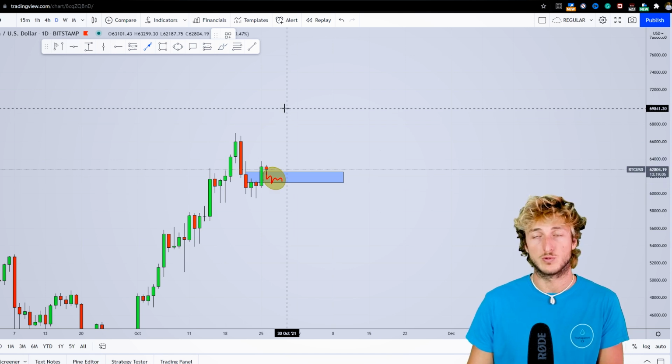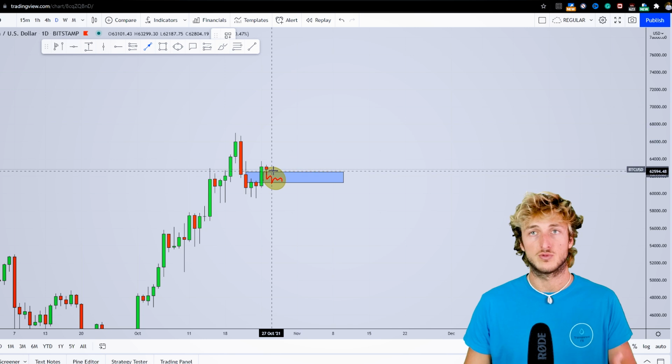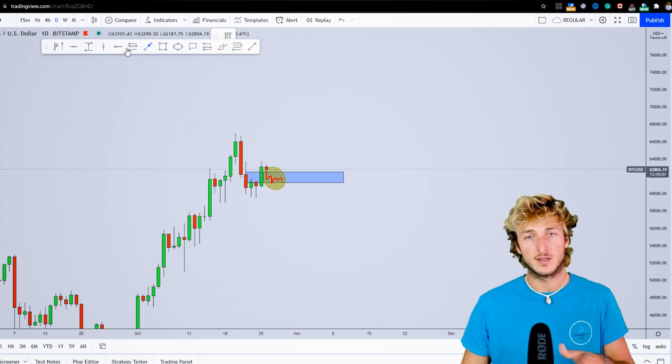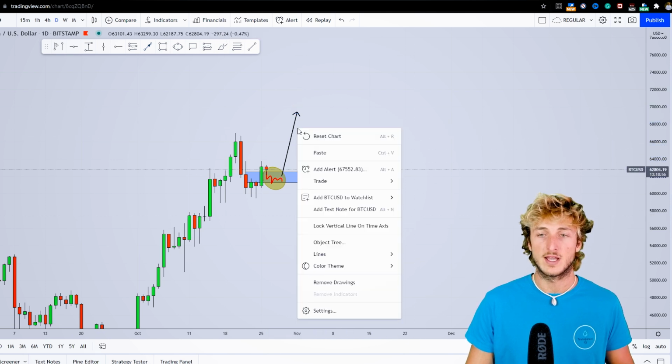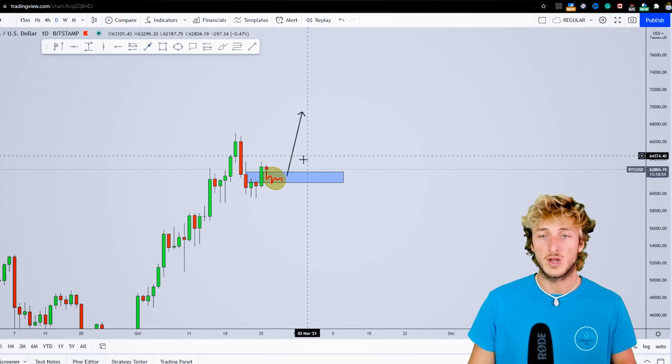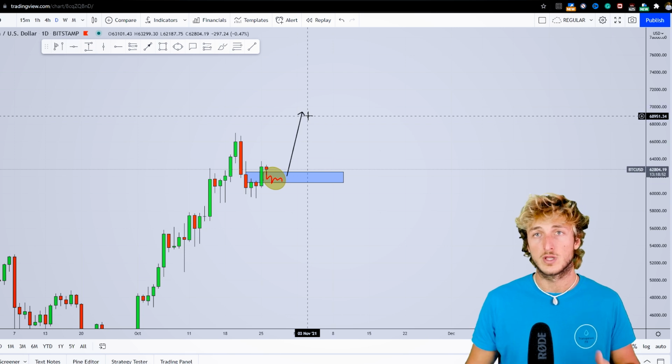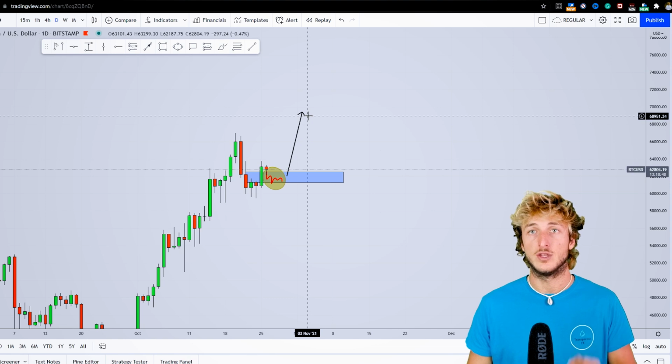Only if the market shifts from an intraday bearish to a bullish market, at that point we will be adding BTC USD to our watch list, and as soon as the market provides us one of our valid entries, we will be looking for a potential move to the upside for a good risk to reward and good probabilities at that point for the market to potentially provide a new all-time high.